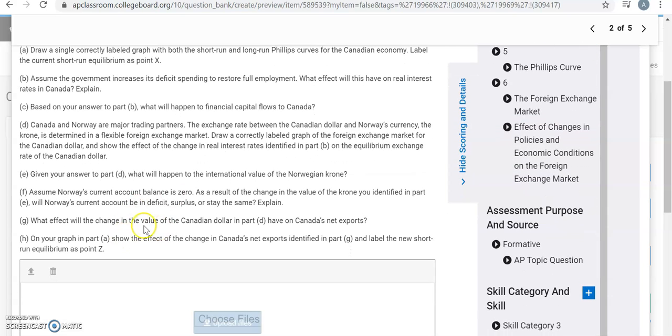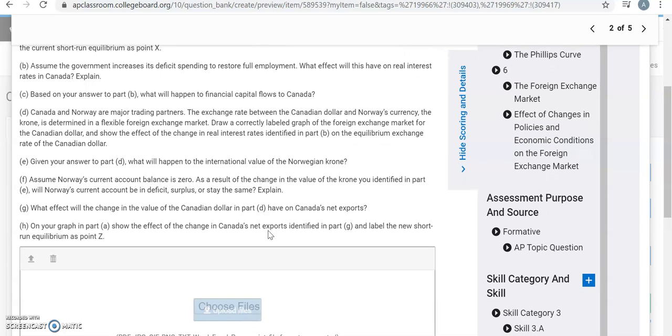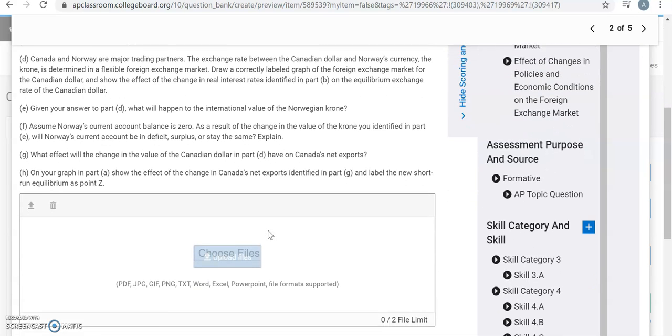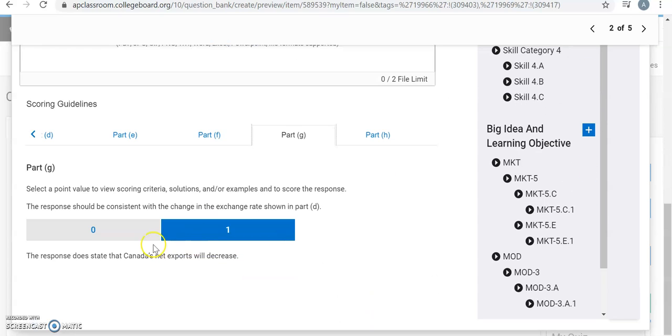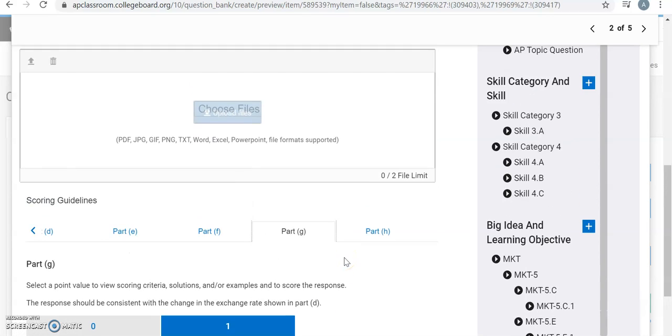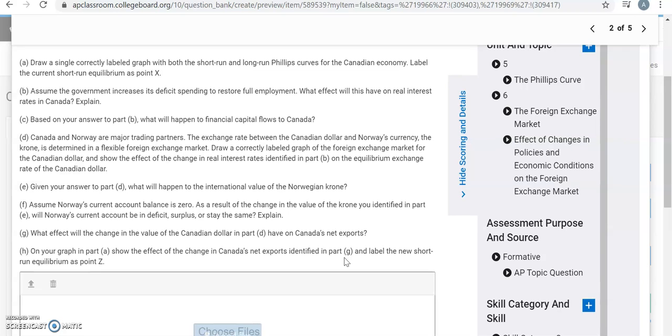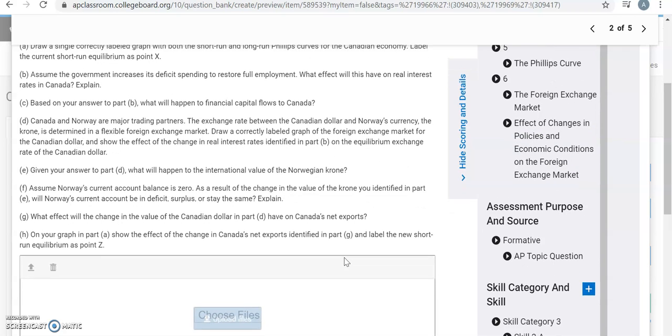Okay, so G. What effect will the change in the value of the Canadian dollar in Part D have on Canada's net exports? So we could assume that net exports will decrease as the value of the Canadian dollar increases.